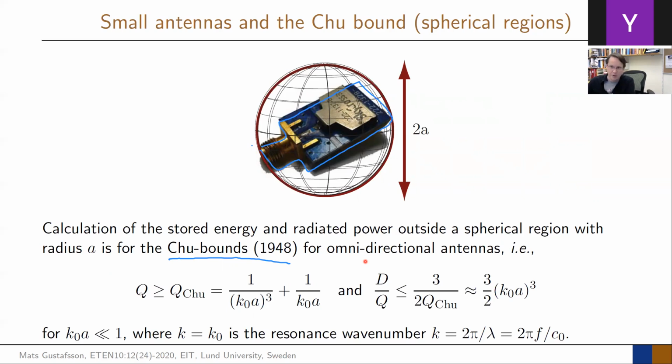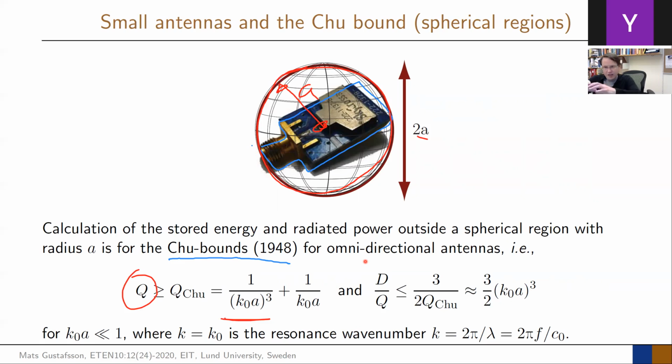You put a big sphere around it, so the antenna is inside of this sphere, and this sphere has a radius a, so the diameter is then 2a. And what Chu derived in these cases is that the Q factor of your antenna is always greater than this number.